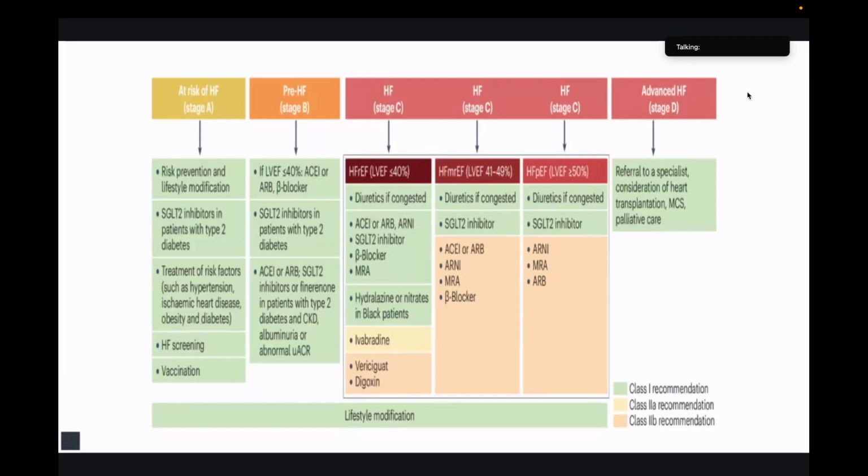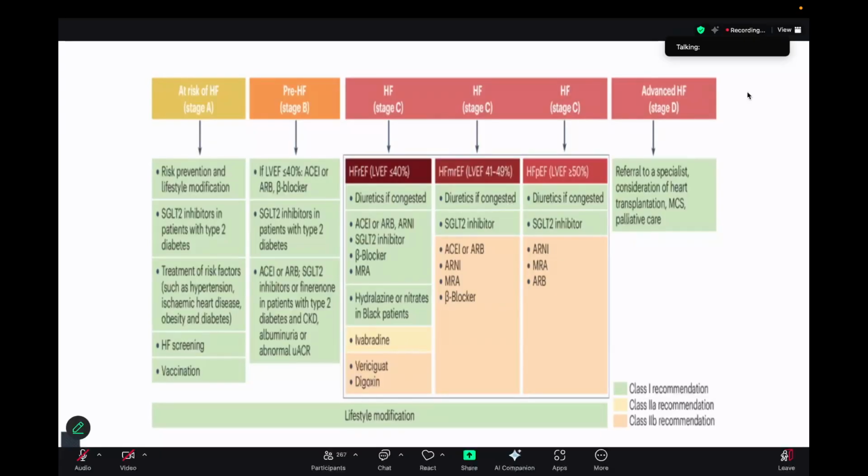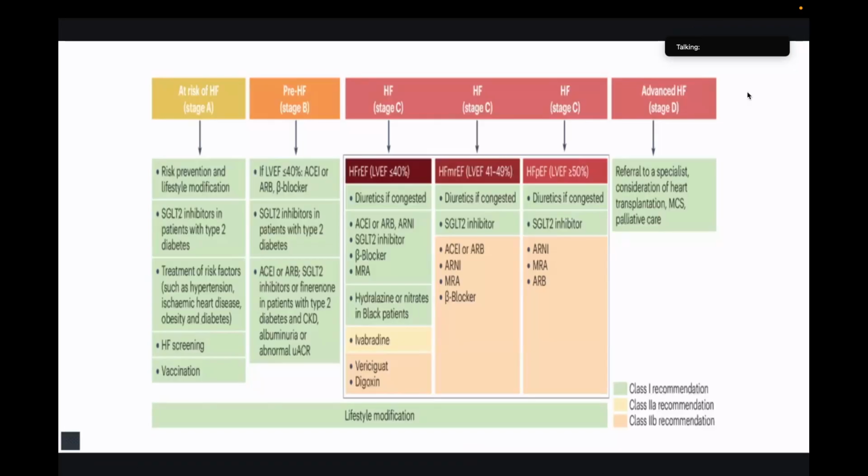For patients who progress to stage C, meaning they are already symptomatic and in heart failure, they require interventions aimed to alleviate these symptoms. For those in stage C, the approach to therapy will also be based on their left ventricular ejection fraction.